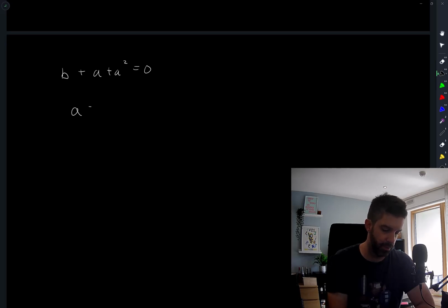So a will be equal to negative 1 plus or minus the square root of 1 minus 4b, over 2, right?